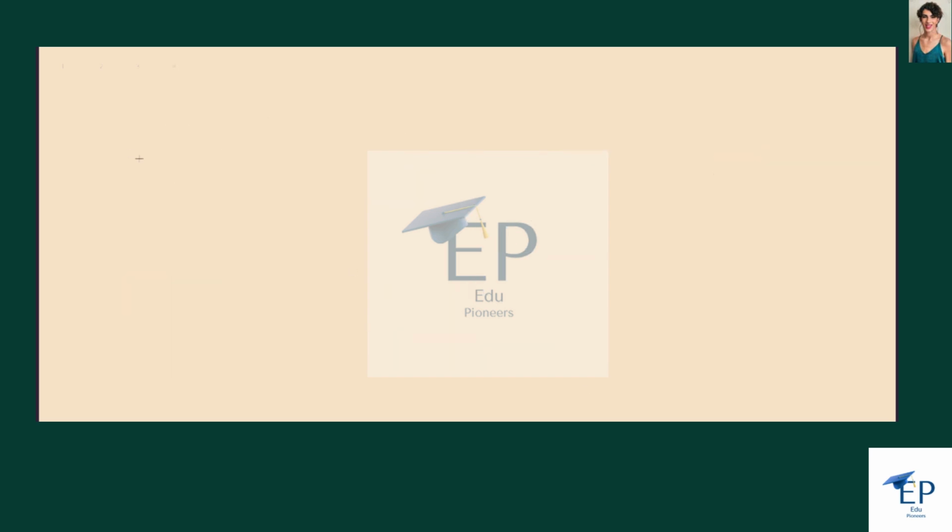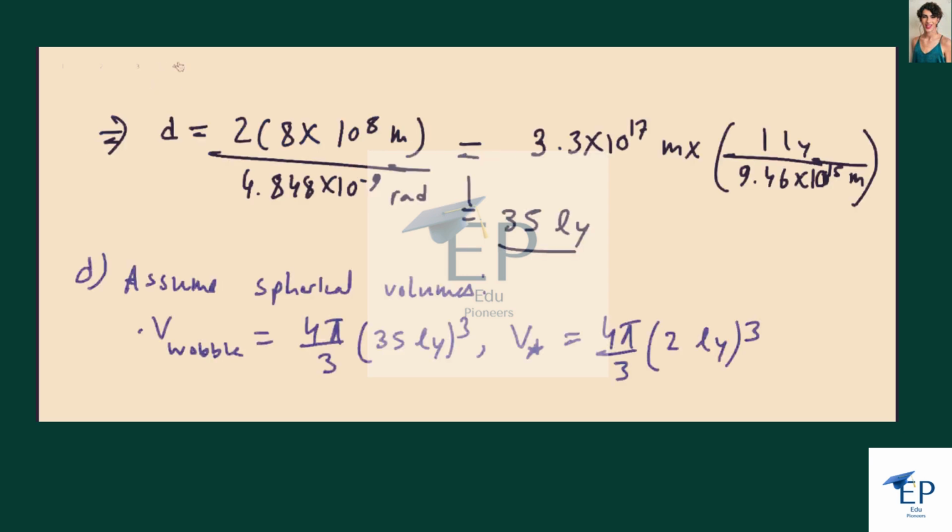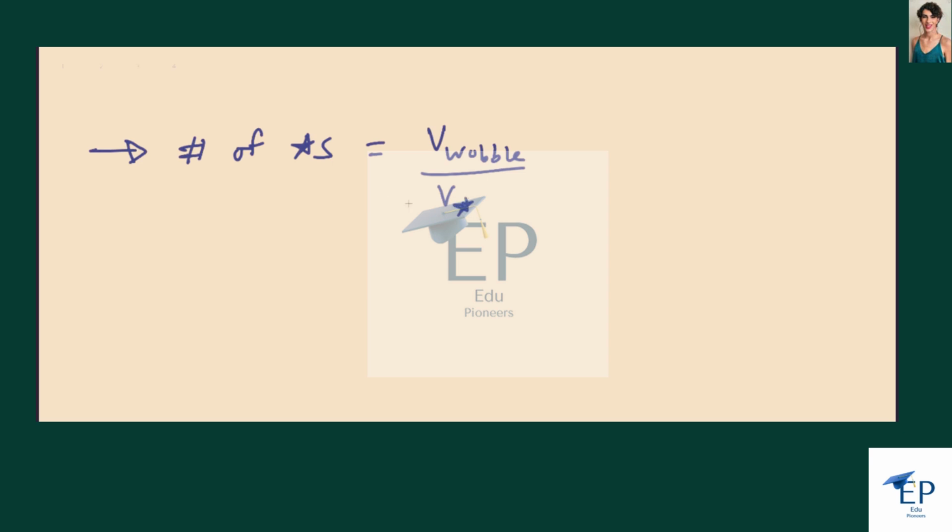Therefore, the number of stars is equal to the volume detectable from the wobble method over the volume of a single star. So that's 4 pi over 3 times 35 light years cubed, over 4 pi over 3 times 2 light years cubed.